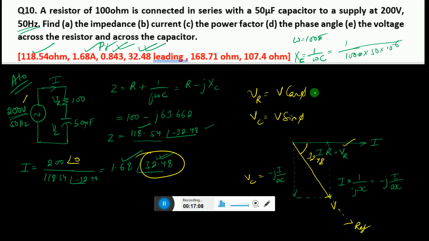And now we can get the value of the voltage here, that is 200 into cos of 32.48, which equals 168.21 volt, this much. So we solve the value of VR and VC like this.